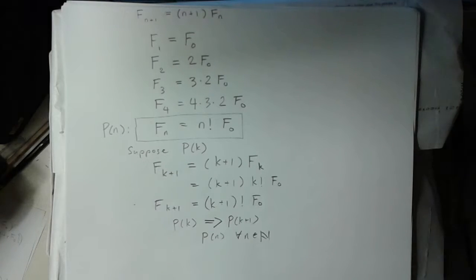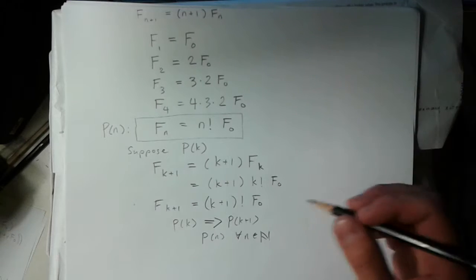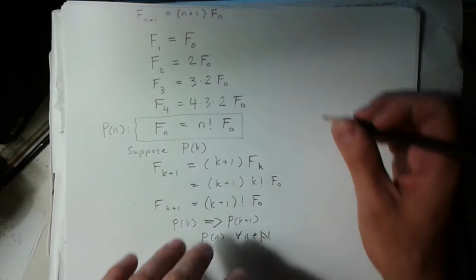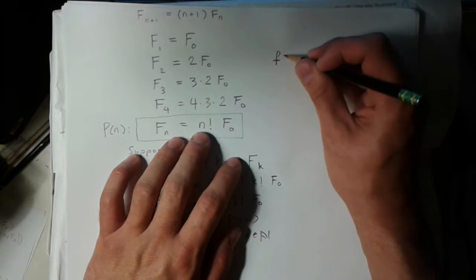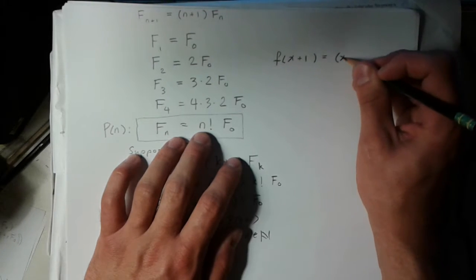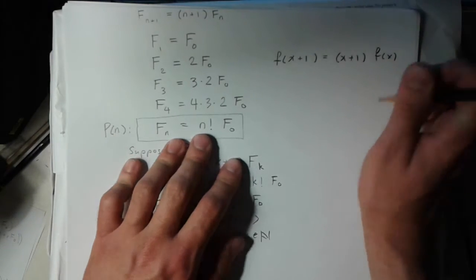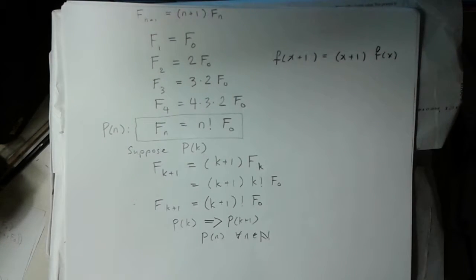And so another thing I want to mention here, just because this is a pretty cool example, is that if you had a kind of functional equation, but it wasn't a discrete variable, like if you had f of x plus 1 is equal to x plus 1 times f of x, you couldn't use this method to solve it.